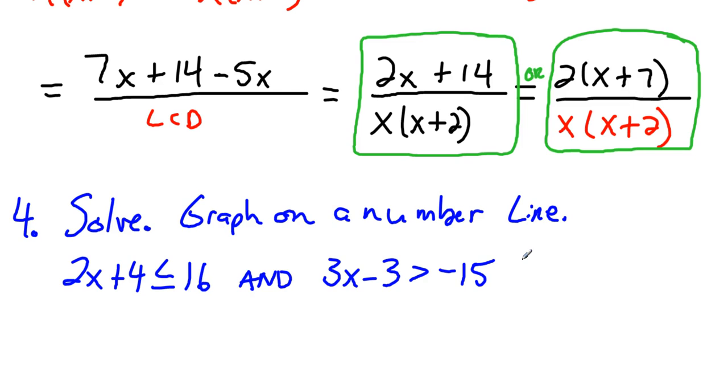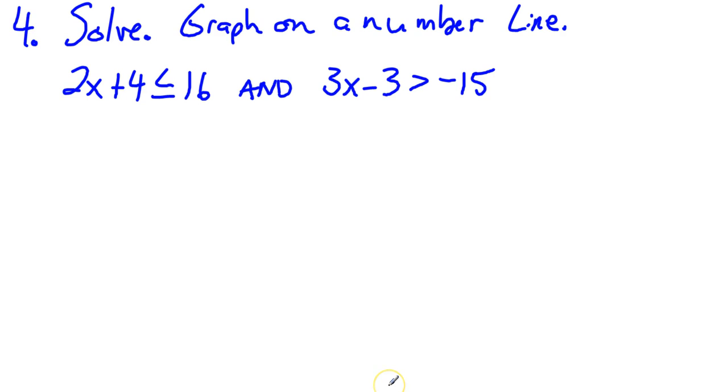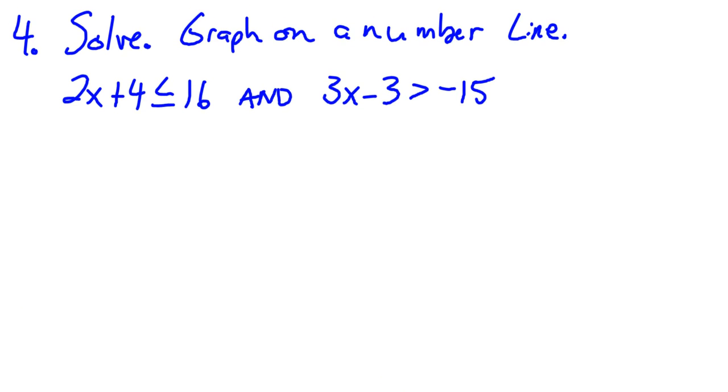And 3x minus 3 is greater than negative 15. Okay, and again, the key word is whether it's and or. If it's and, that means we're looking for the overlap. That's what they have in common when we finish these two graphs.